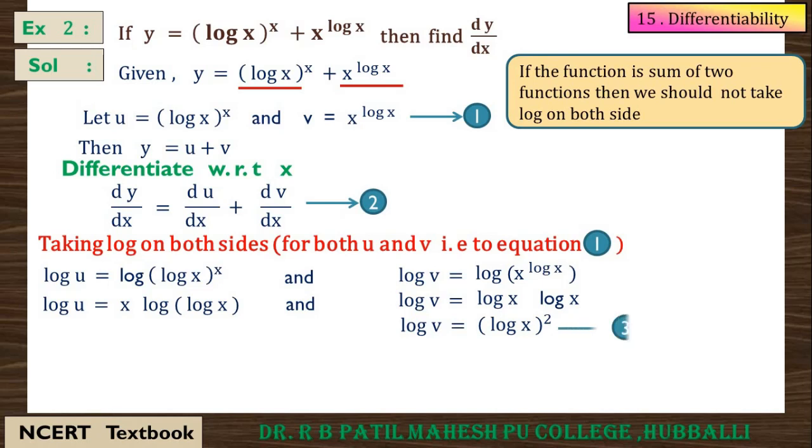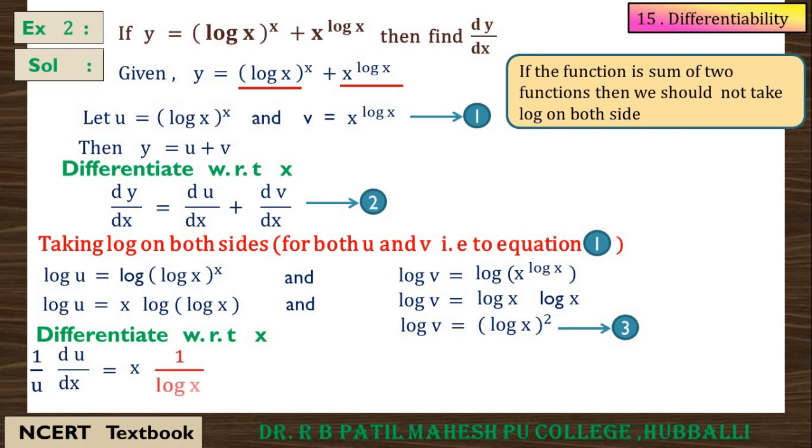Here this is a composite as well as simple function combination. Therefore I differentiate directly with respect to x, and denote the log v function as equation 3. So first let me find the derivative of log u, from which you will get du by dx. So 1 upon u du by dx is equal to, using the product rule, x as it is, the derivative of log of log x, which is 1 upon log x into 1 by x, plus log of log x as it is, the x derivative is 1.